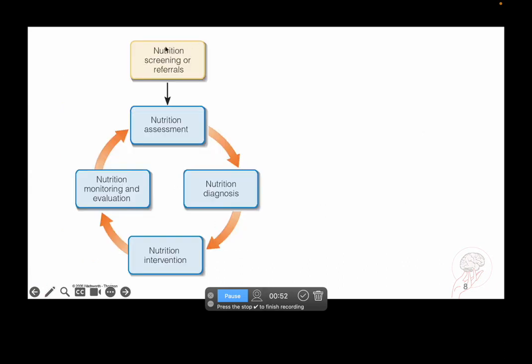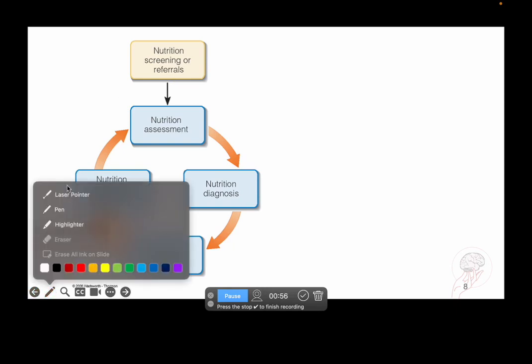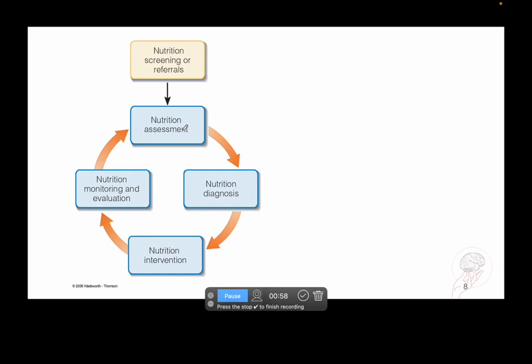So here we have nutrition screening or referrals. This isn't in our nutrition assessment because anyone can do this. I'm just going to put any. Could be a nurse, an MD, social worker, but they have screened and determined that this person should get a nutrition assessment.